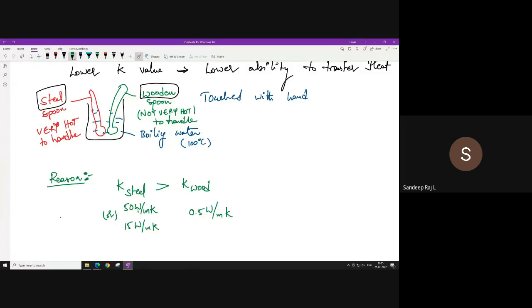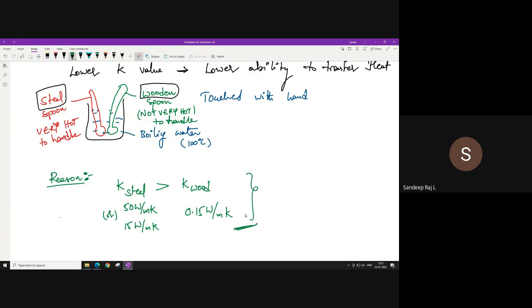That's why the steel thermal conductivity is very high compared to the wood; it's 15 actually, versus 0.15 watt per meter Kelvin. That's why when you touch it, you feel the steel is very hot and the wood is not so hot. The reason is thermal conductivity.